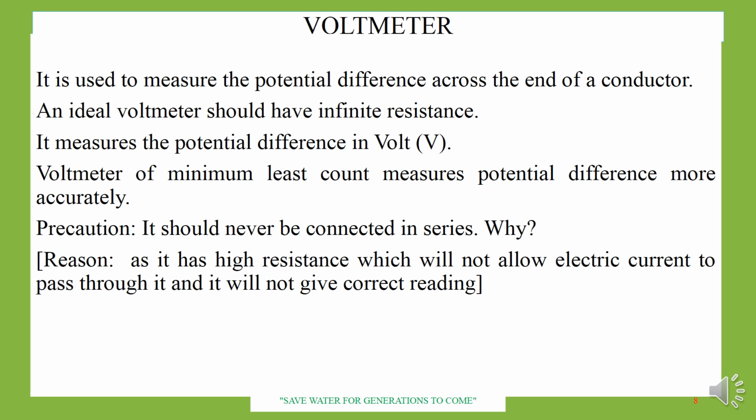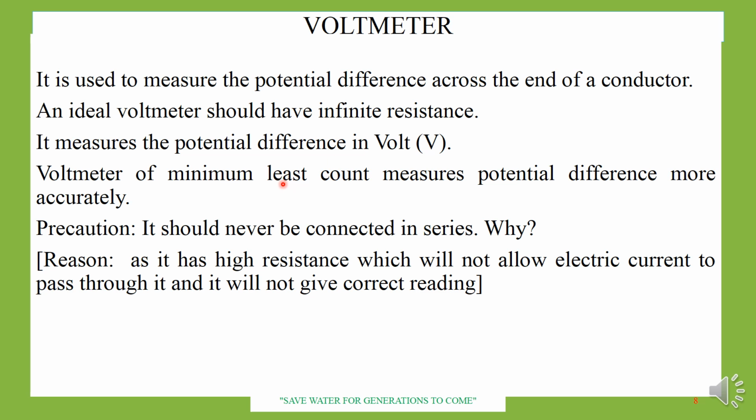What are the properties of this voltmeter? An ideal voltmeter should have infinite resistance. It should not allow the electric current; it should oppose the flow of electric current through it. It measures the potential difference in volt.